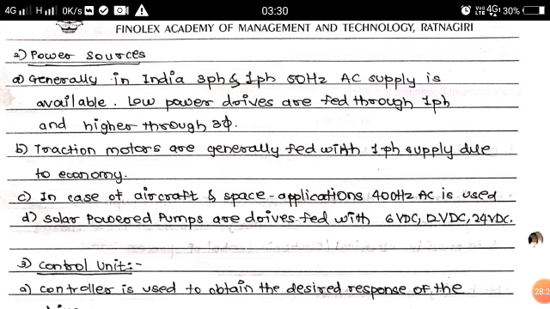We can connect the batteries in series and increase the voltage to any value according to requirements. So there could be some DC sources like that, AC sources like that, and that is what the power source is.